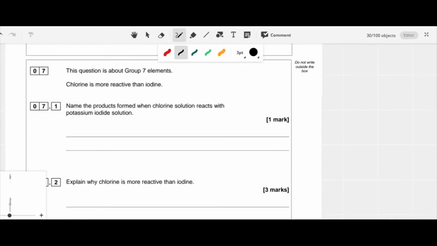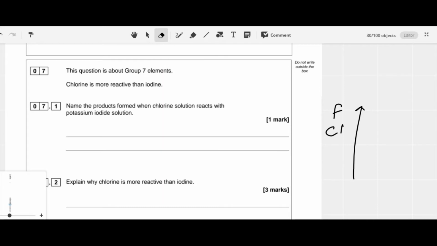As we know, the reactivity decreases down the group: first fluorine, then chlorine, then bromine, then iodine. So chlorine is more reactive as compared to iodine.